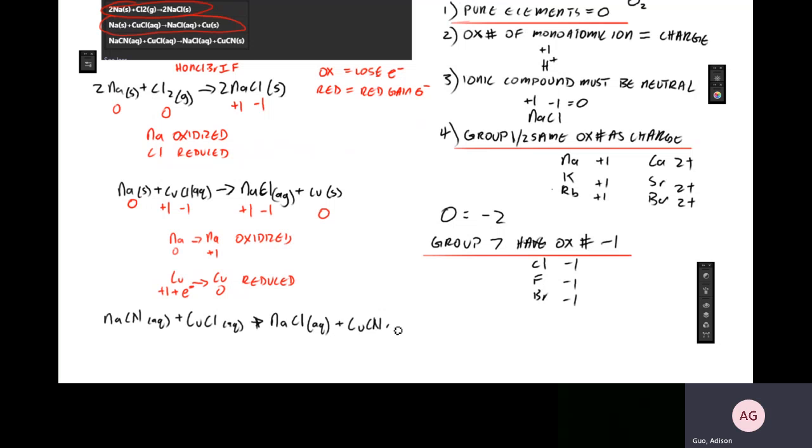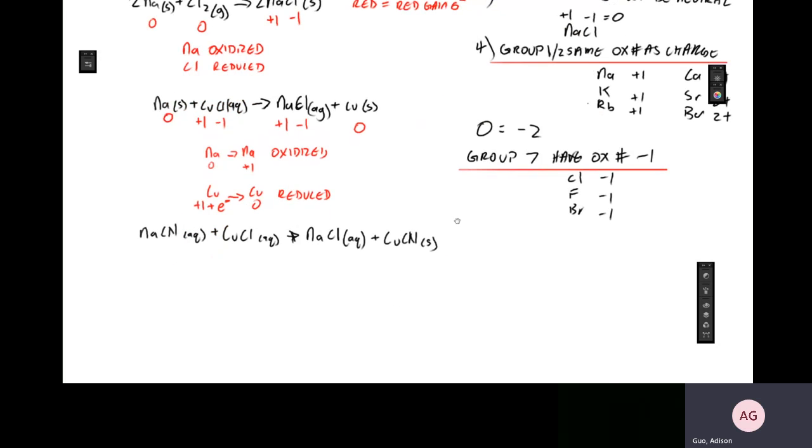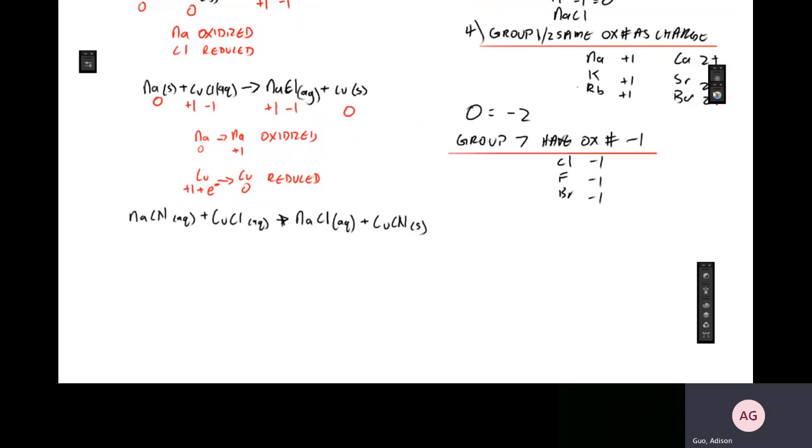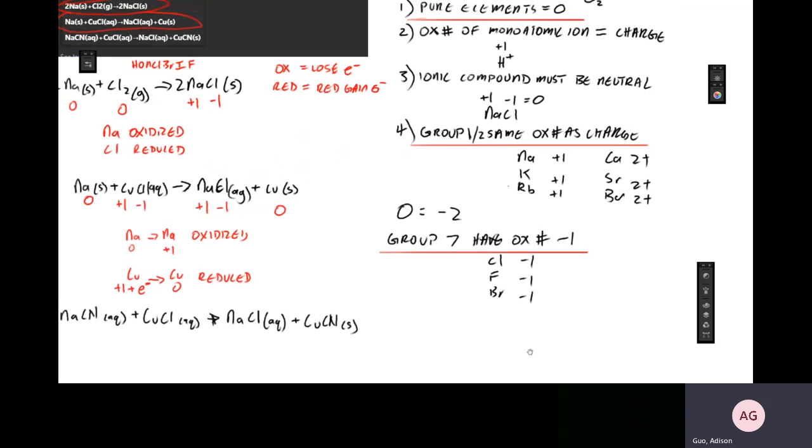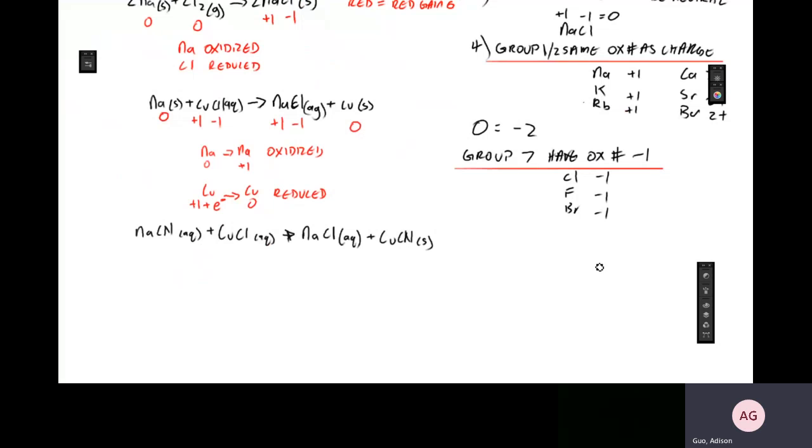Copper cyanide, solid. Okay, I think I know why. Because the copper side is plus one, and here also the other side is minus one.